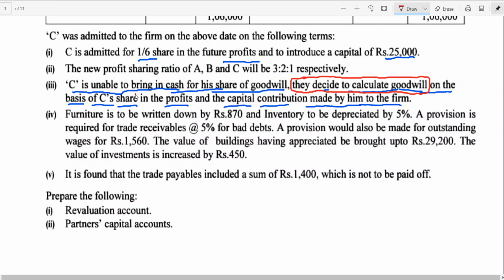On the basis of C's share in the profits and capital contribution made by him to the firm.